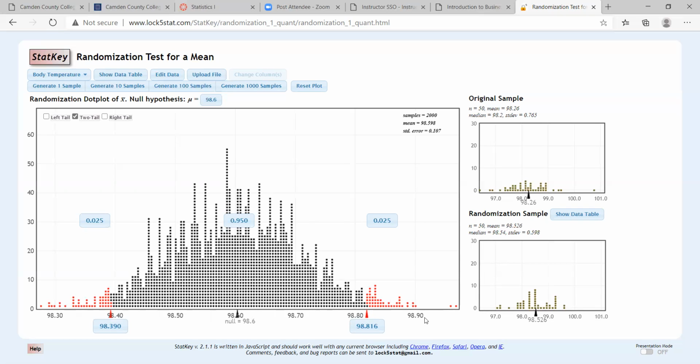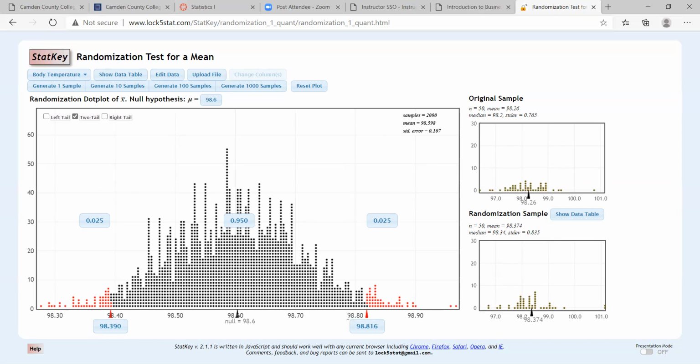Now, 98.6 is where? Notice here that we have these two numbers, 98.39 and 98.816. These are called critical values, right? Critical values.